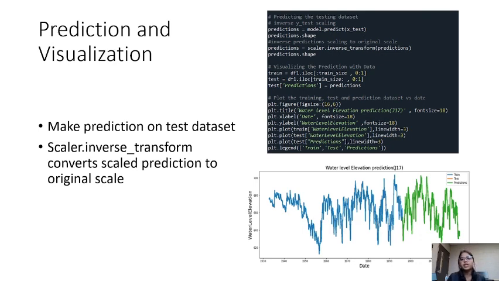The model.predict is used to predict on the test dataset. Then the predictions are scaled to their original scale using the scaler's inverse transform, which converts our scaled predictions to the original scale.